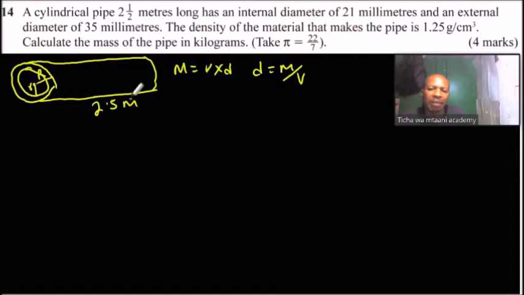So we need to get the volume of this, because we have a hollow at the center, what we need is to get the volume of the material that makes the pipe.